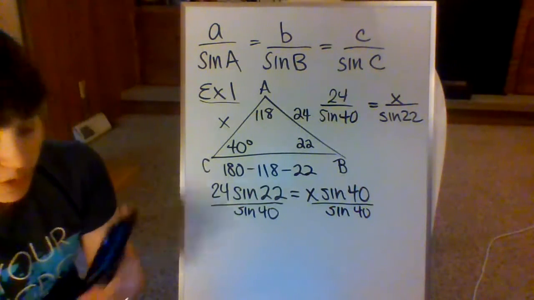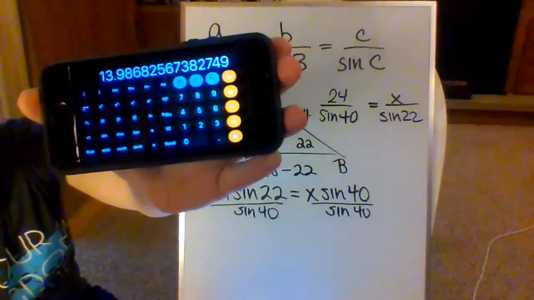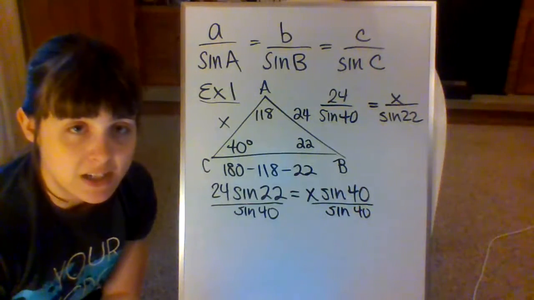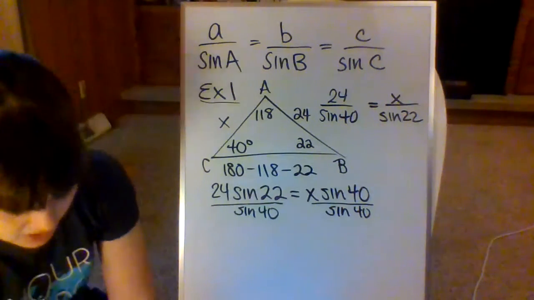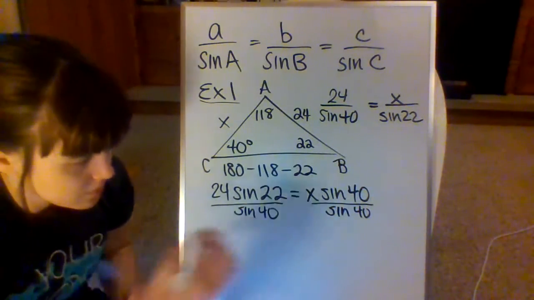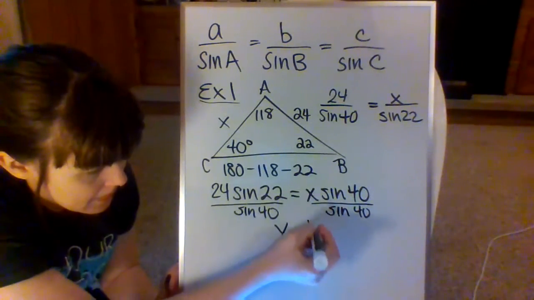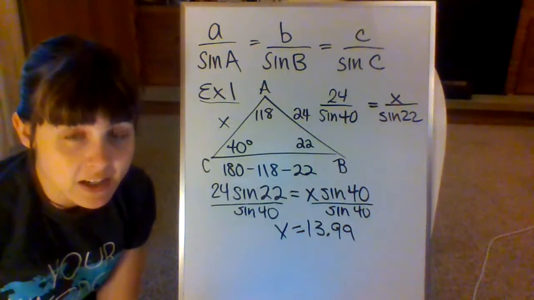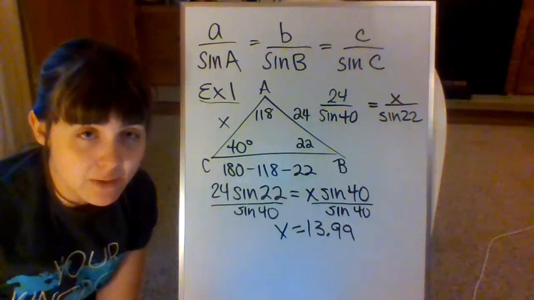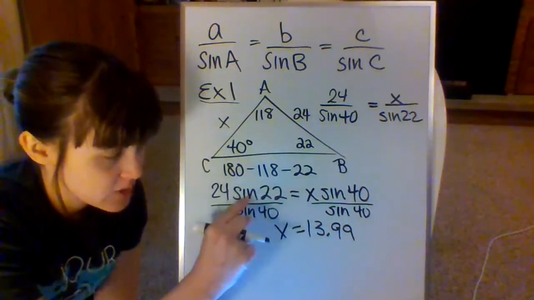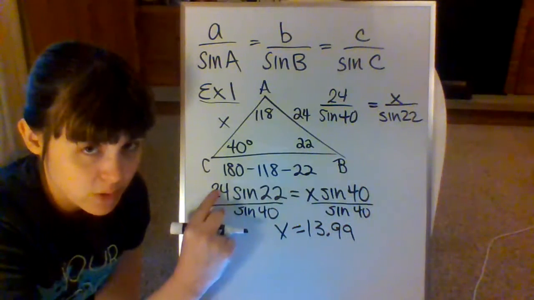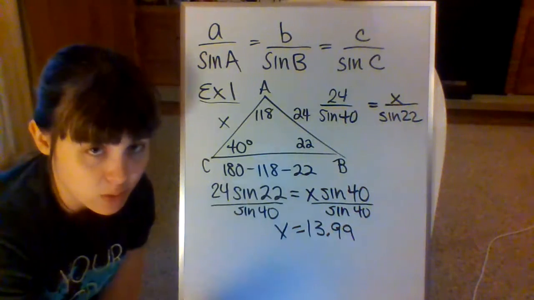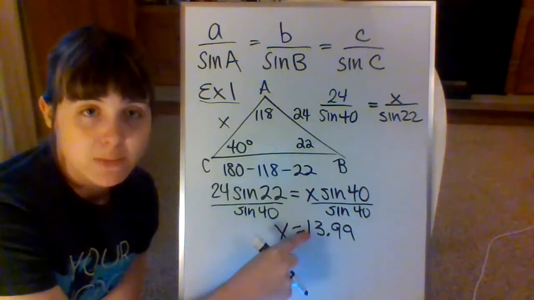And it should equal 13.99. Again, do not press equals until the end of all of that math. So you do 22 sine times 24 divided by 40 sine, and then equals, and you'll get 13.99.